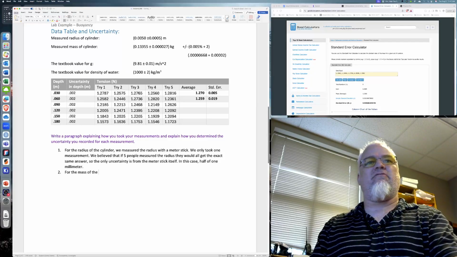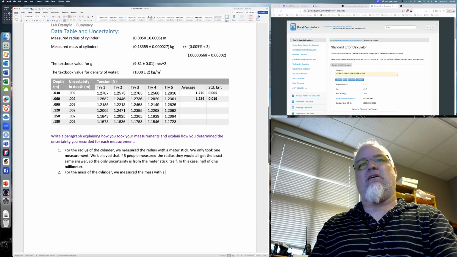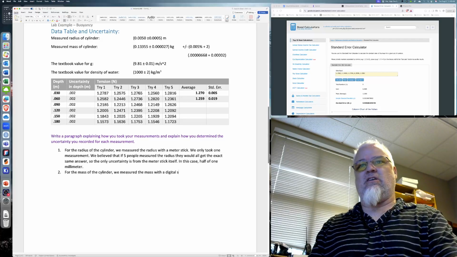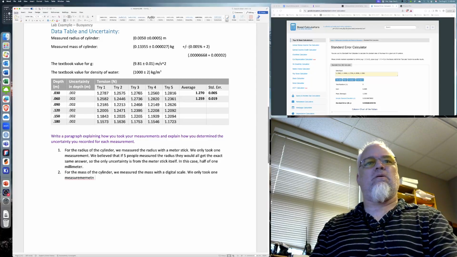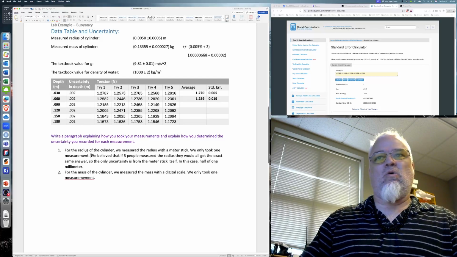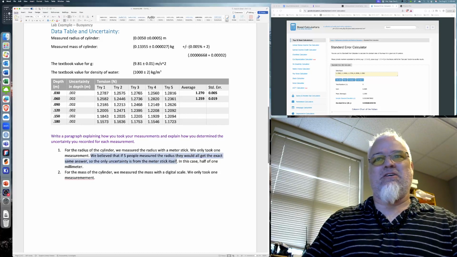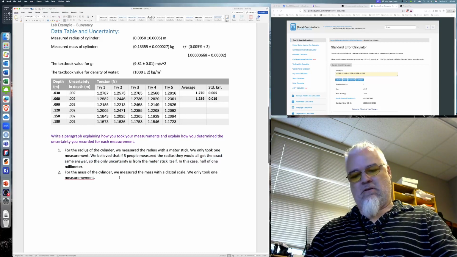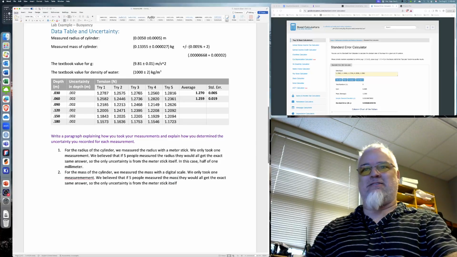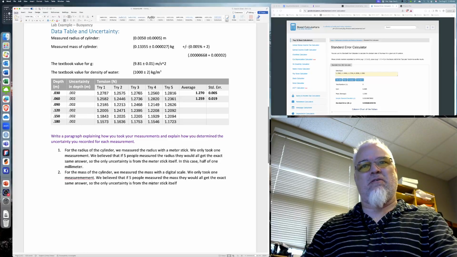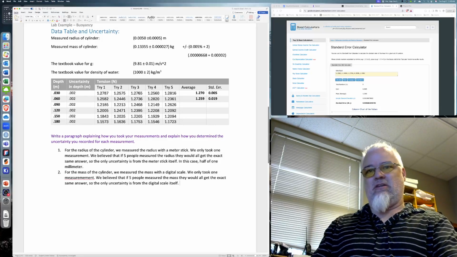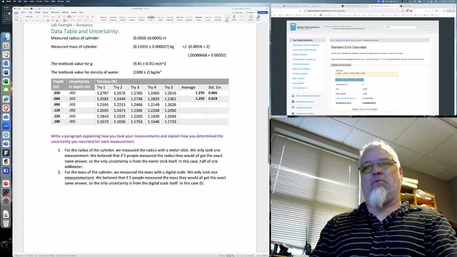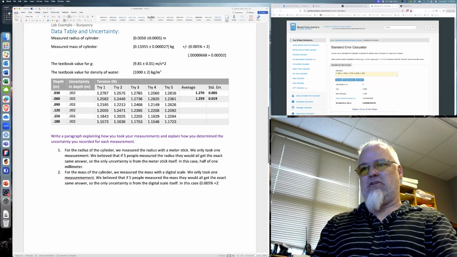For the mass of the cylinder, we measured the mass with a digital scale. We only took one measurement. We believe if 5 people measured the mass, they would all get the exact same answer, so the only uncertainty was from the digital scale itself. In this case, 0.005% plus 2.